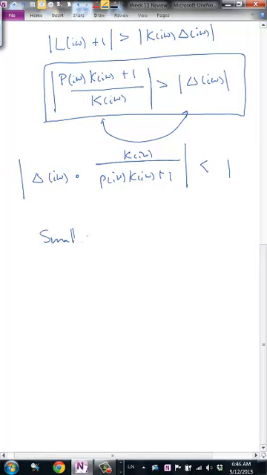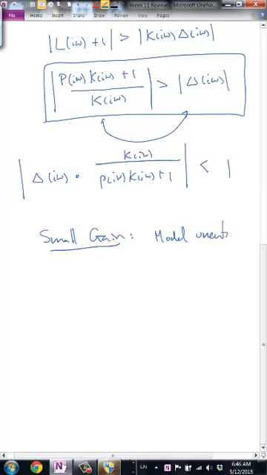So the small gain concept is the following. Let's model uncertainty by an unknown block in the block diagram with a delta inside.